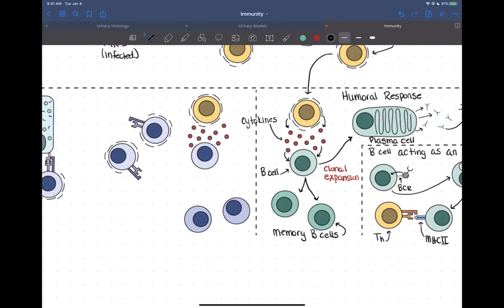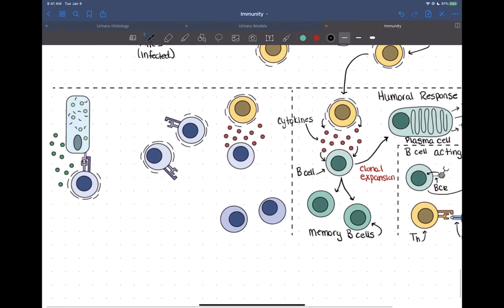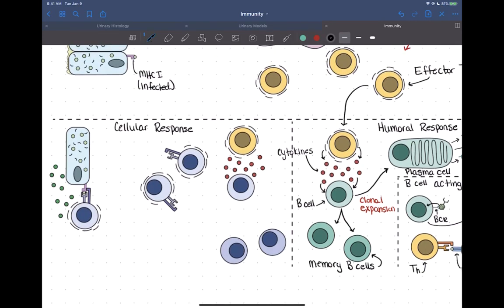So now let's talk about our cellular response. Okay, so the cellular response. So with this cellular response, let's pull this down a little. There we go. All right, we're going to have our activated T helper cell again release those cytokines.